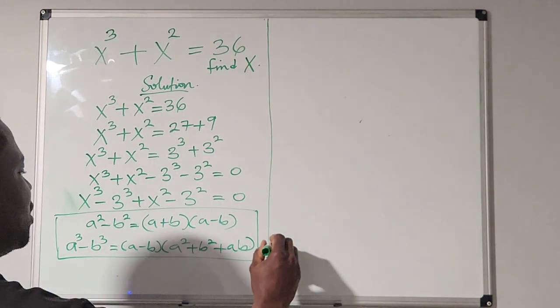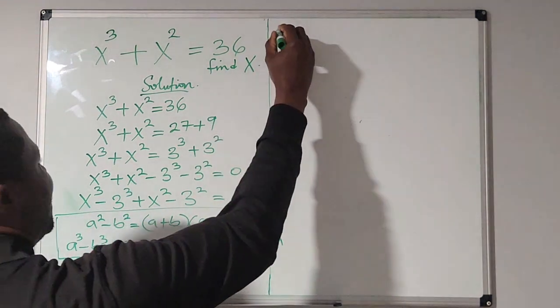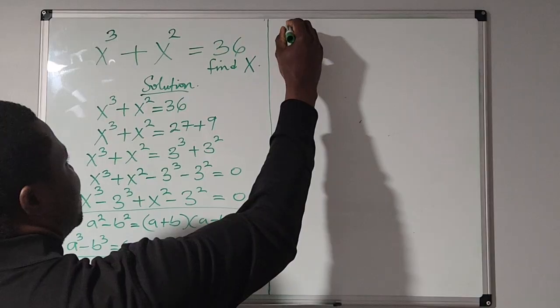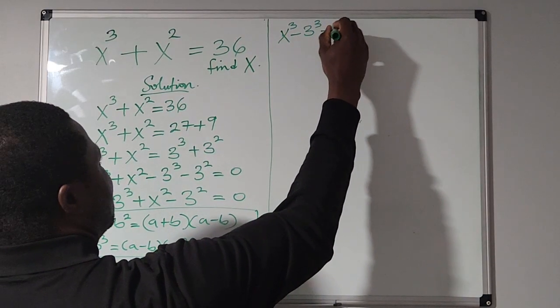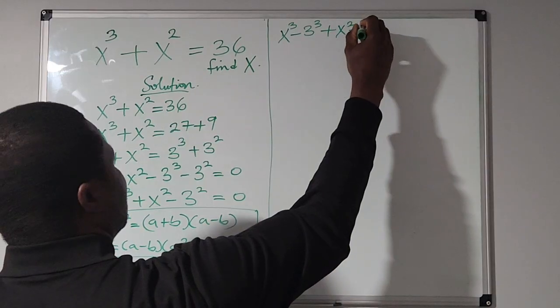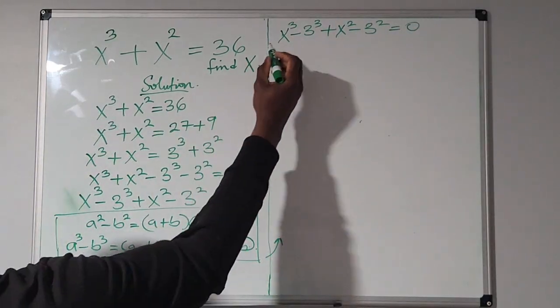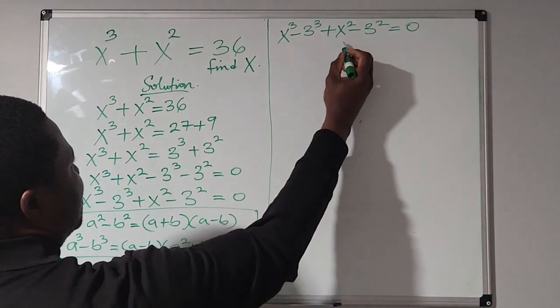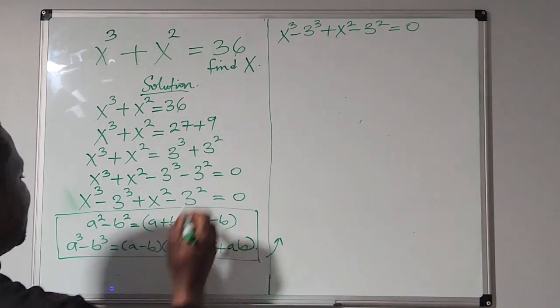Now, with that sorted, we'll go ahead and expand our last equation. So we have, I'll just rewrite it here, plus x squared minus 3 squared equals 0. So we expand this first, plus, then expand the other one. So let's rewrite this in this format.